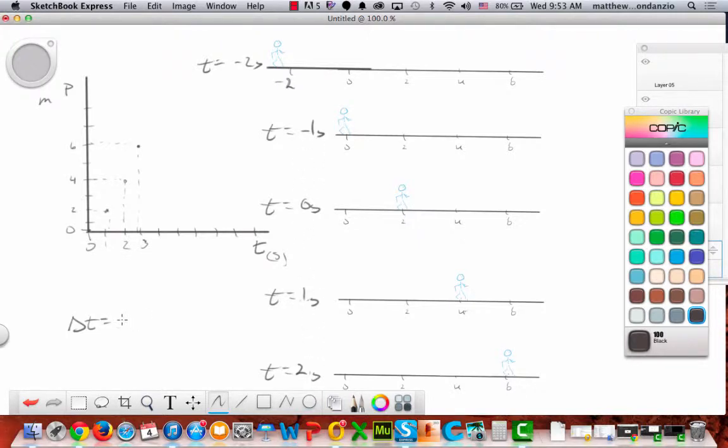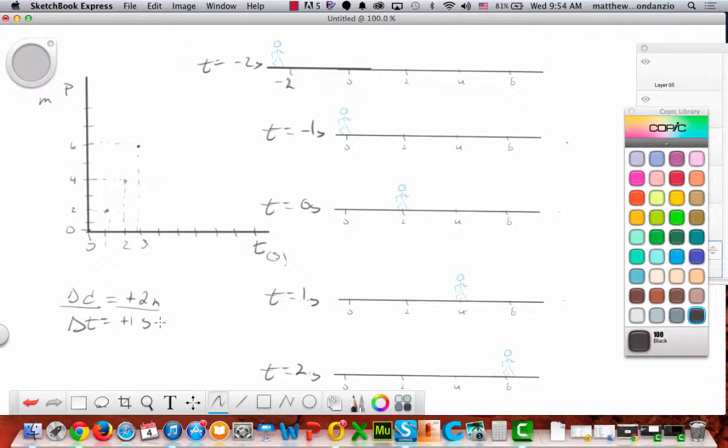So what's the difference in time between this point and this point? What about from here to here? Okay, delta time is 1 second. For every 1 second, I have a delta distance equaling what? 2 meters. So every increase of positive 1 second, I increase a positive 2 meters. Okay?